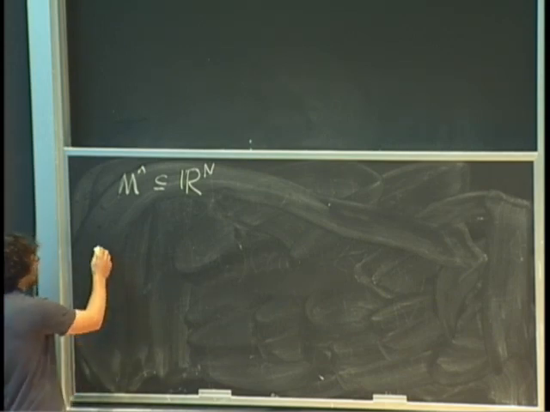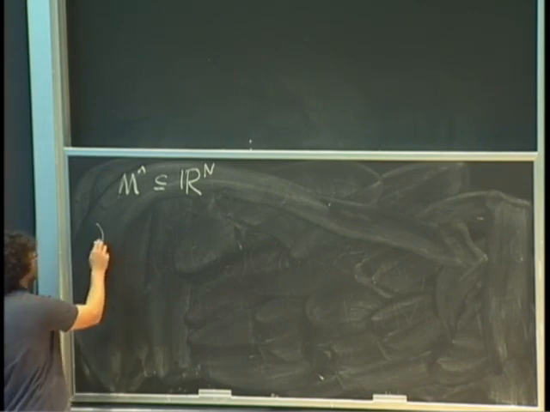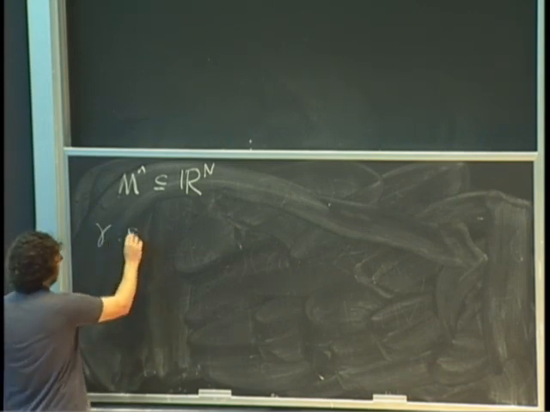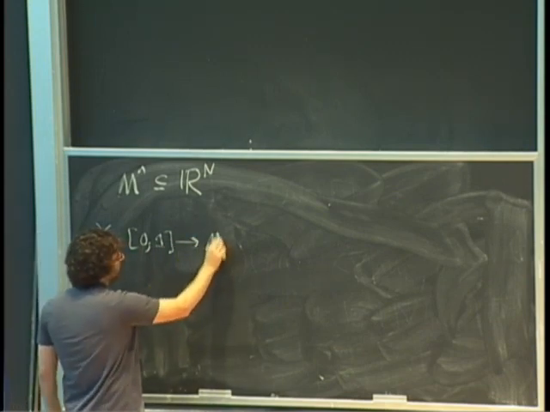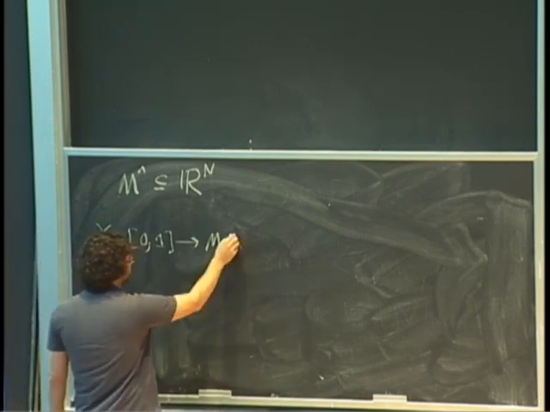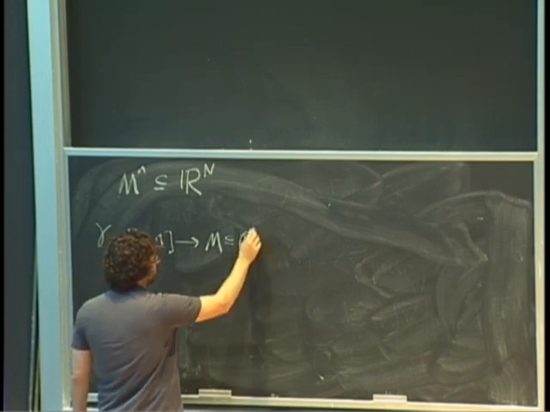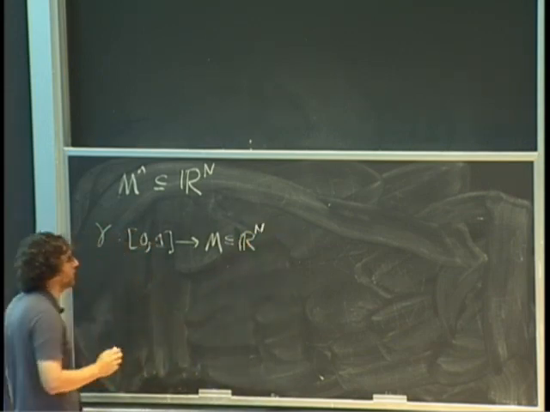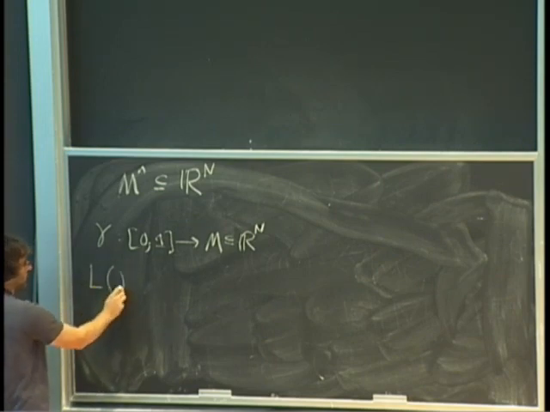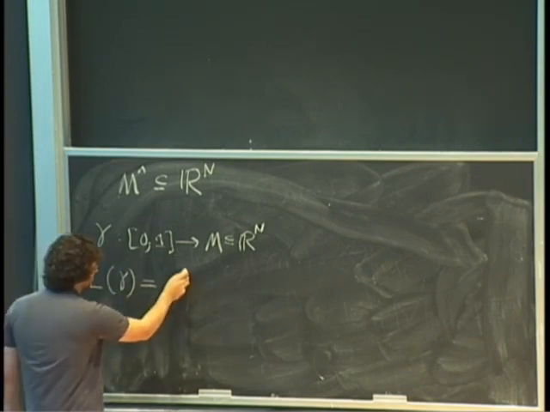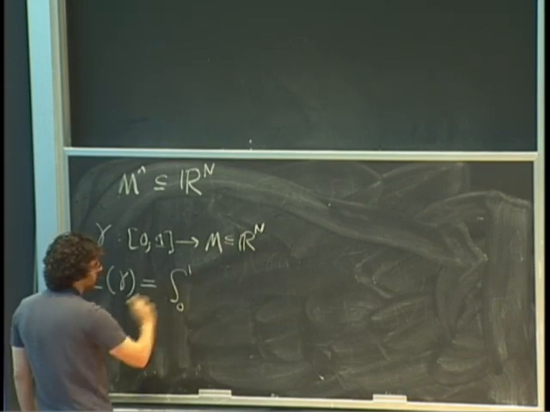So what we observe is, if we have a curve gamma that takes the closed interval [0,1] to, say, M, so again, this is just a curve in R^n, but it's constrained to lie inside this manifold, then we have the length of the curve, which is just a geometric quantity.